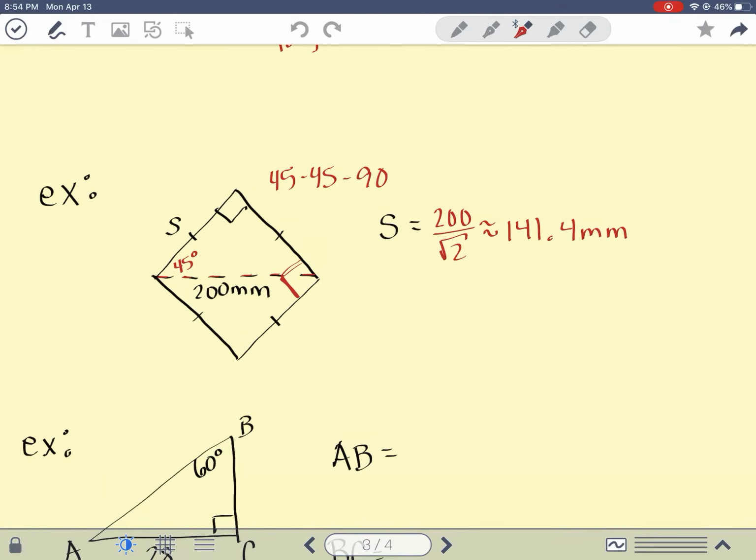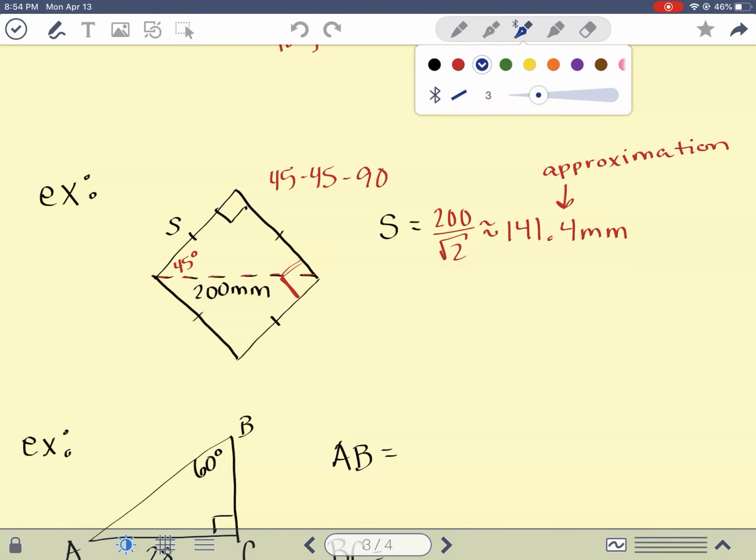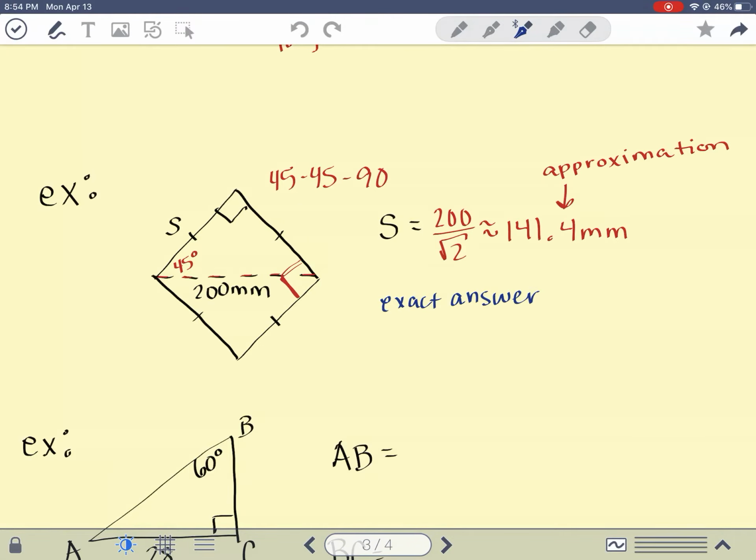Now, it might ask you for an exact answer. If it asks for an exact answer, remember this is an approximation. If it asks you for an exact answer, this is what you will do.